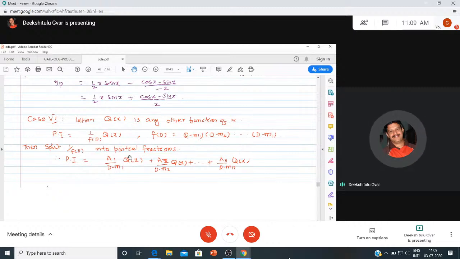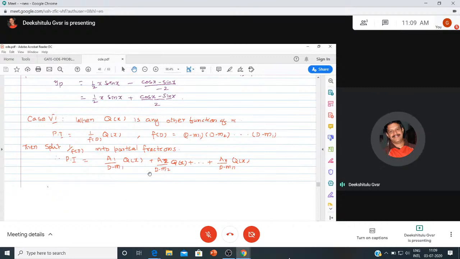So 1 by f of D becomes 1 by (D minus m1)(D minus m2) and so on up to (D minus mn). Then split this 1 by f of D into partial fractions like this: a1 by (D minus m1) Q of x, a2 by (D minus m2) Q of x, plus so on and so forth, an by (D minus mn) Q of x.